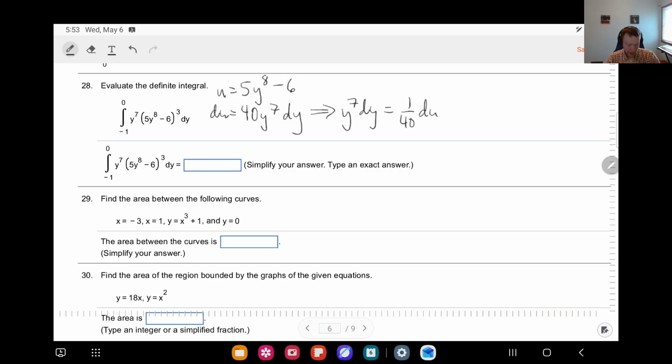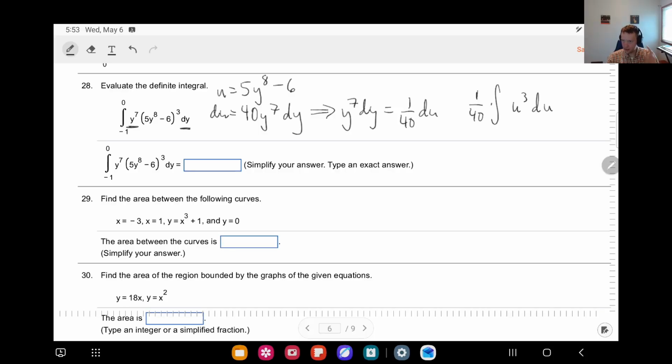So I replace y to the 7th dy with 1/40 du. Over here, we get 1/40th out front, times u cubed du.